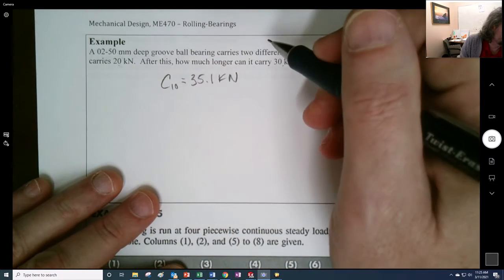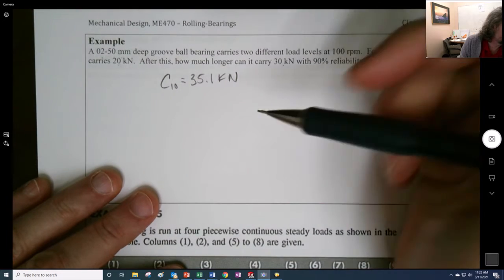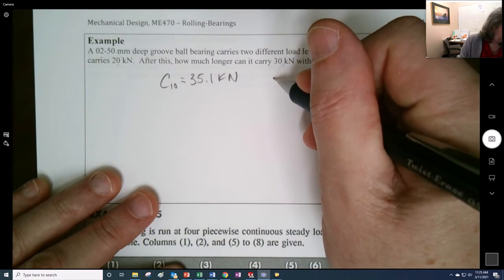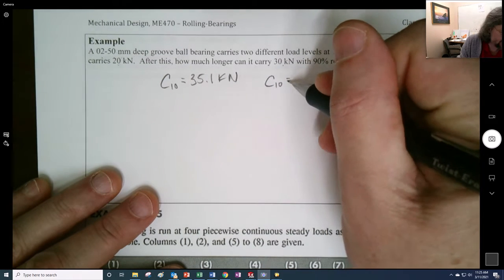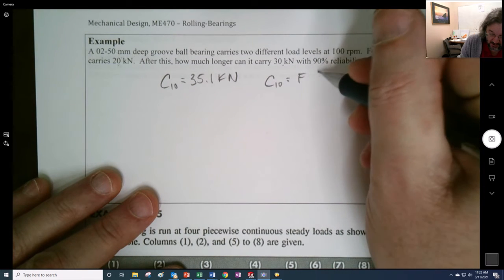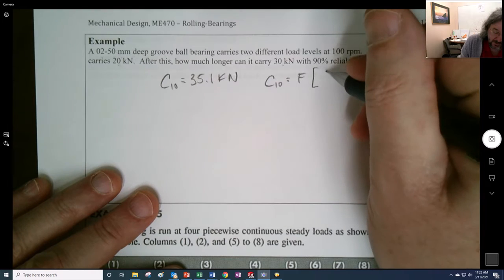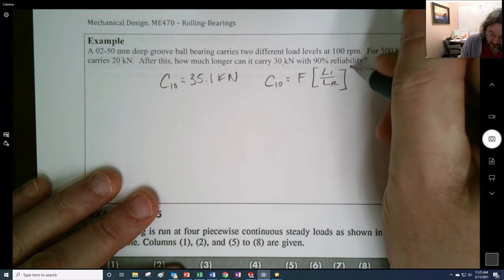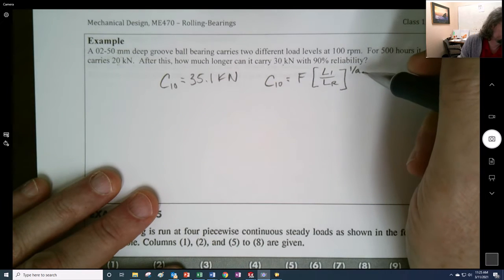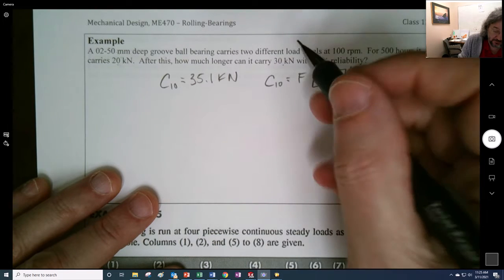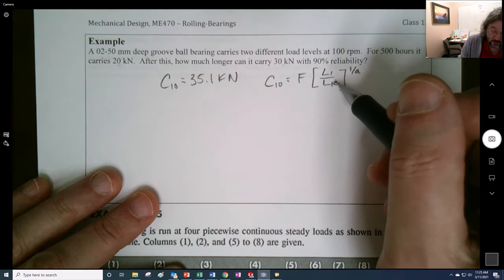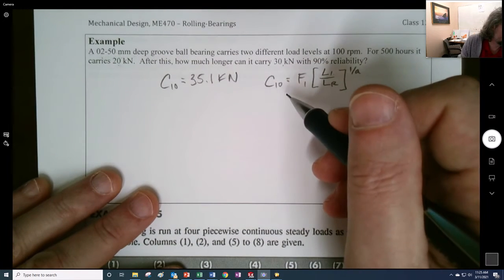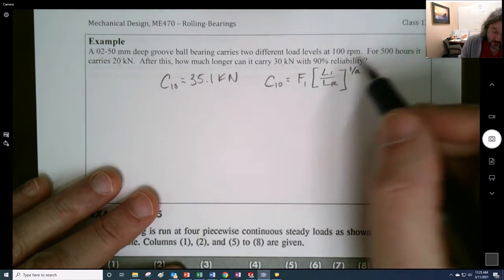So what we do is we predict, we use the idea that C10 is found from taking life. So we might have L1 over LR and raise it to the 1 over a. Let's see what the life of this will be at load 1, and then we can do the same thing with this other loading.